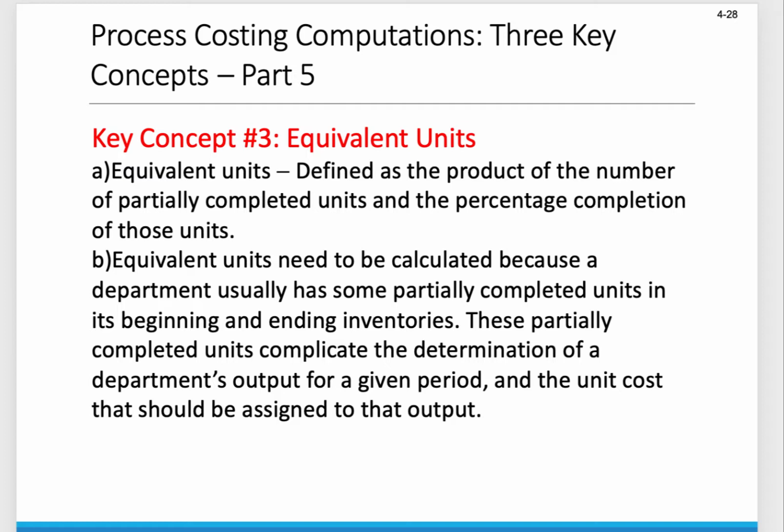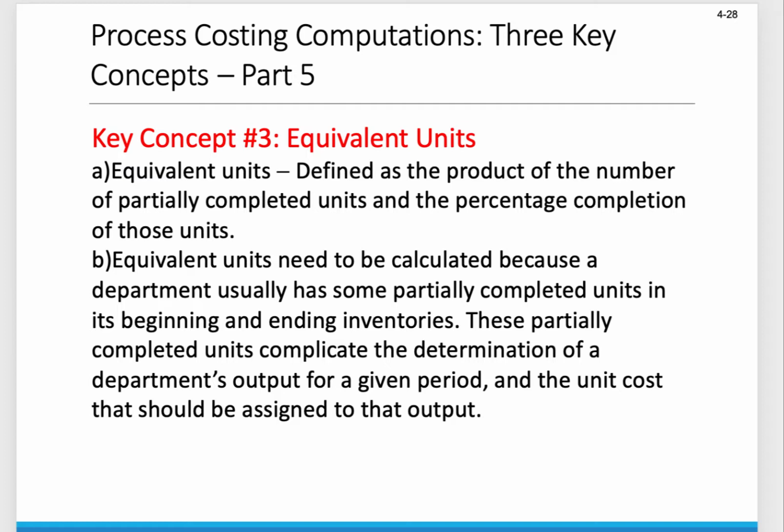So think about it this way. An equivalent unit says we have a partially completed product, but we've added some material and we've added some conversion costs, meaning labor and overhead. With respect to direct material, it might be 100% complete. With respect to conversion costs, it might only be 25% complete.